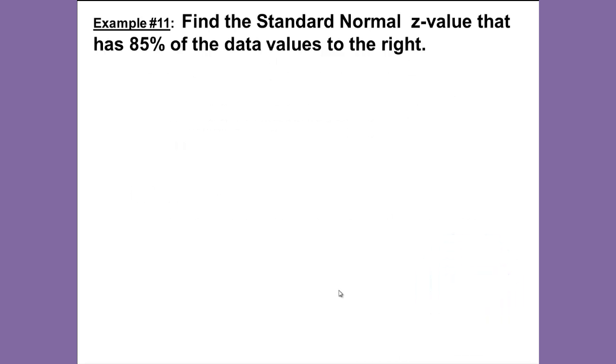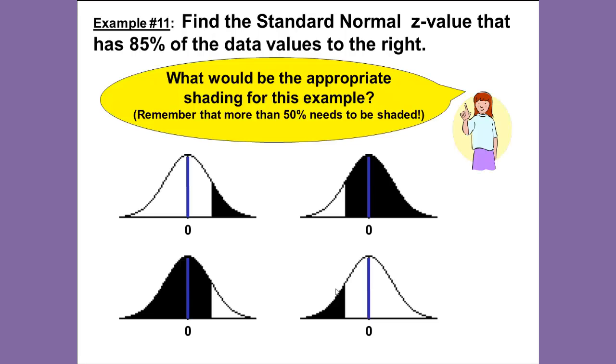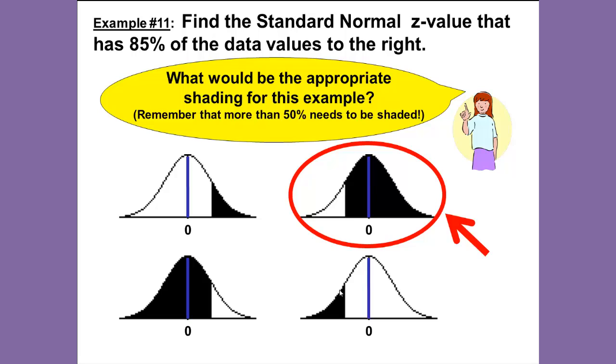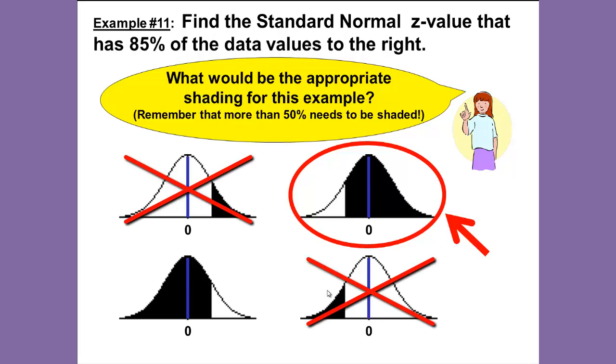Let's do another example. Find the standard normal z-value that has 85% of the data values to the right. Which one will be our answer? Remember that more than 50% needs to be shaded. So, why is this one the answer? Well, mark off the 2 that are less, and remember this time we need to shade to the right.